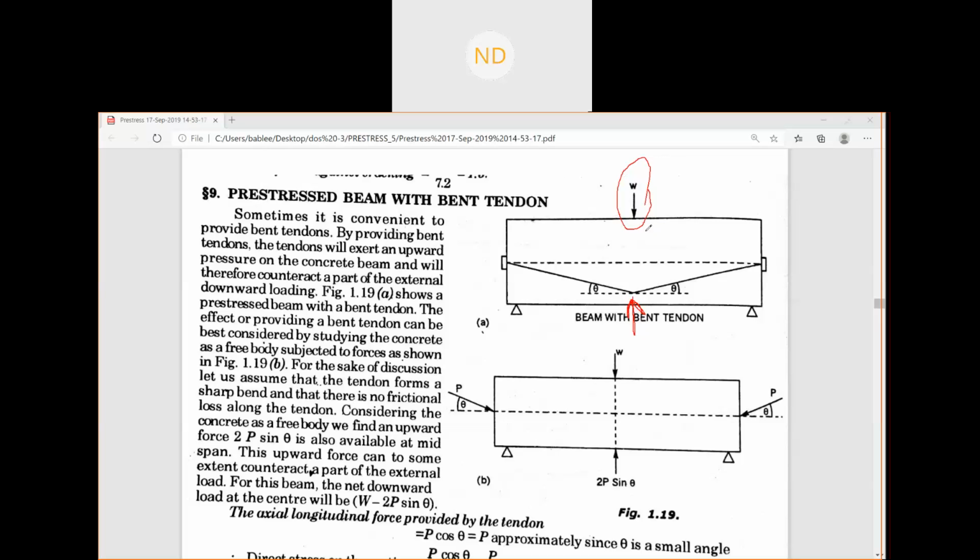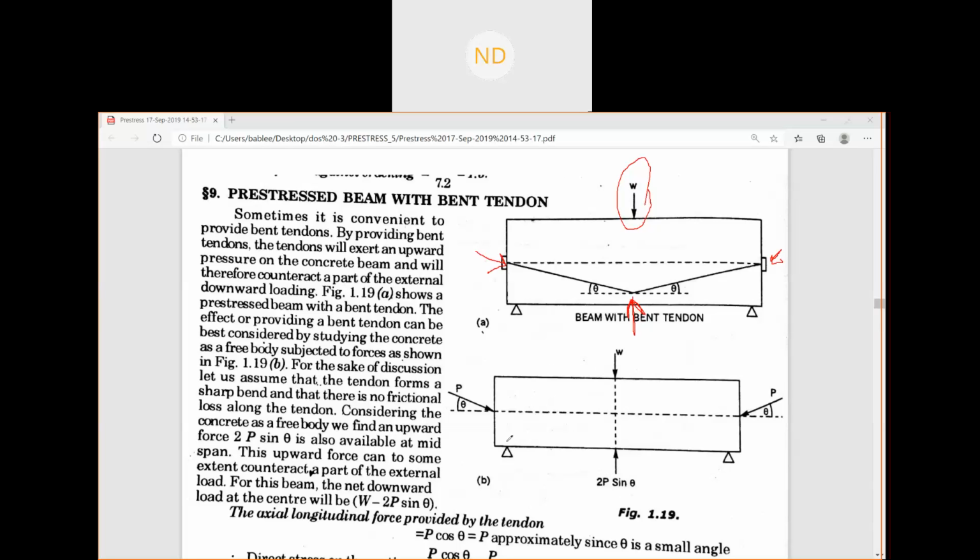In this figure you can see the bend tendon, where the pre-stressing forces will be applied on this side and this side. The study of these bent tendons, solving for the forces, we can easily do by taking the free body diagram of the forces, as you can see in this figure.